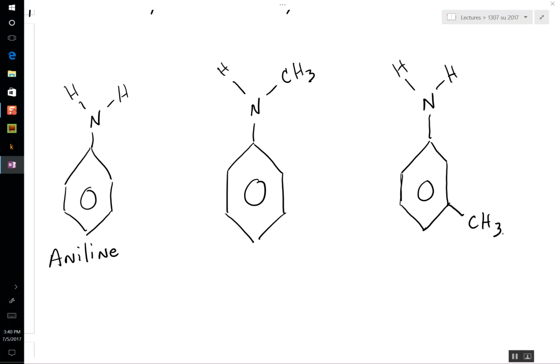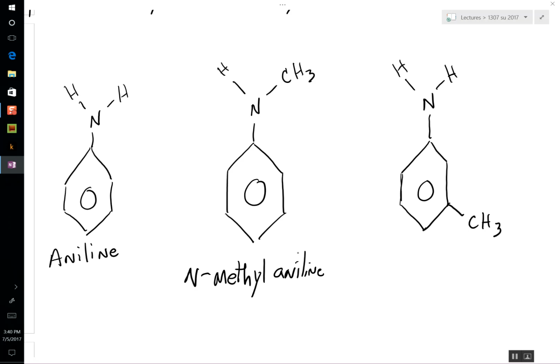So that's aniline. So what do you want to call this? The parent name is going to be aniline and methyl aniline. Where's the methyl? It's on the N. I like to use these 2 examples right here to show you how we're using N just like we would use a number.